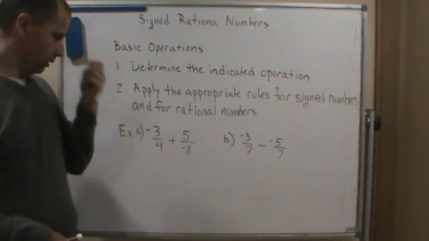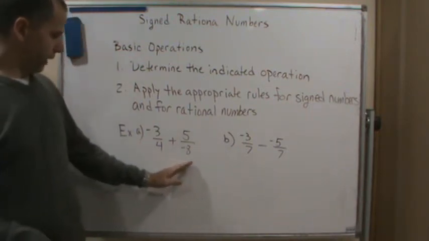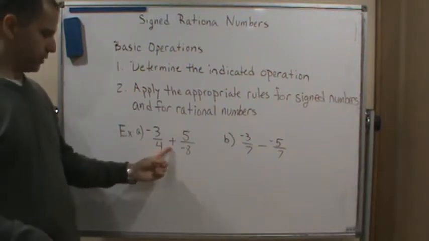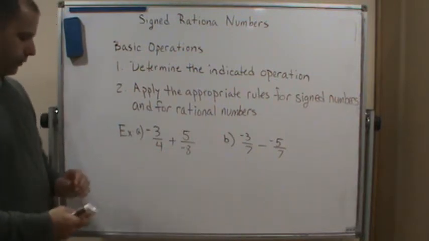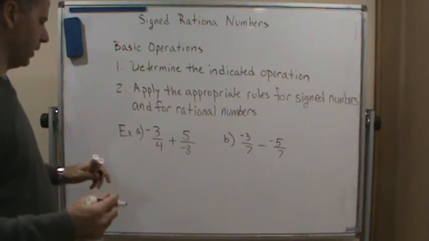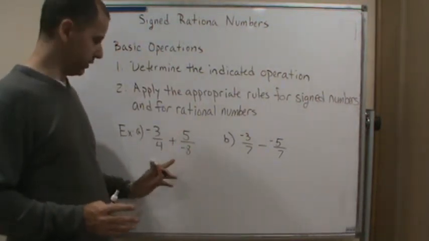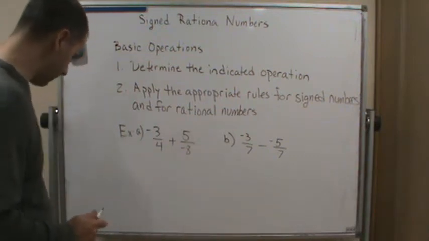So here's an example. In this example we have two fractions that we want to add. Okay, so the operation is addition. So the first thing I'm going to do is put the negative up here. I'm going to write these as equivalent fractions with the negative on the top.